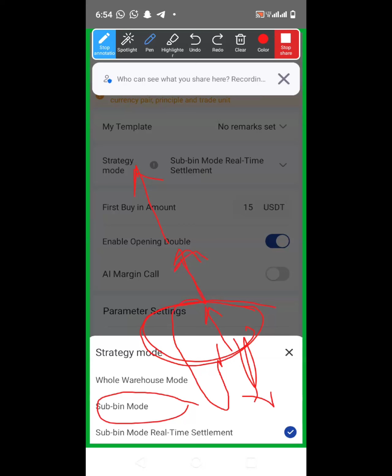So once it sells this one, instead of giving you the profit, the robot will use the profit and go into the market to buy, so that it will be easier for you to come up. Then it's going to sell all together with the magic 1, 2, 3, and 4, which is the OAS settings. So that's what the subbing mode is.